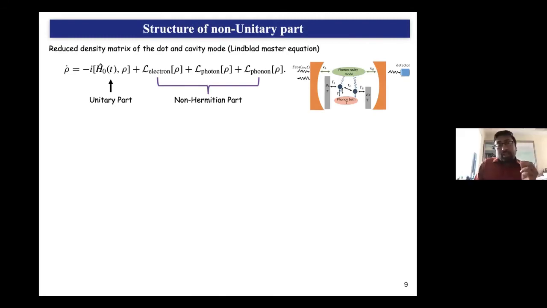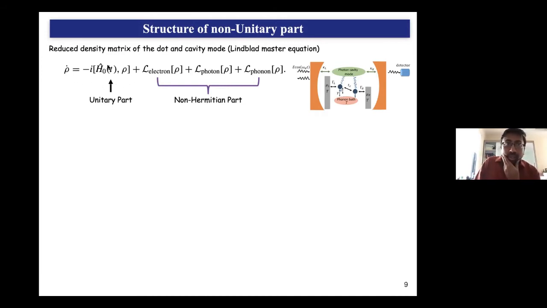Yeah, thank you. So finally, given this Hamiltonian, since you are interested in the cavity and the double quantum dot, what you can write is an effective master equation involving these two degrees of freedom, the photon and the double quantum dot, which is essentially given by the Lindblad master equation.